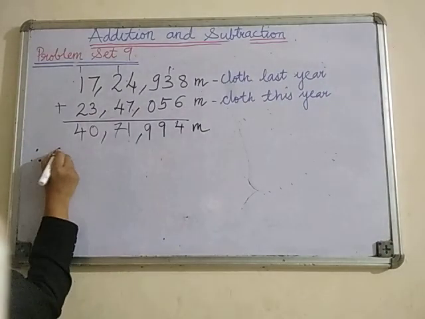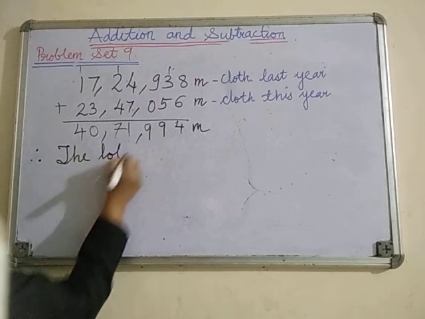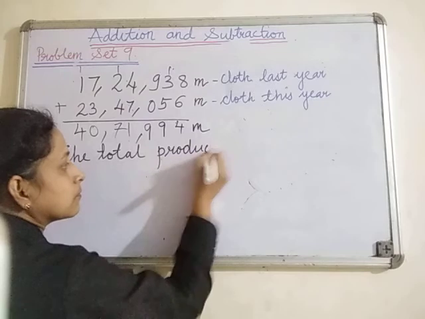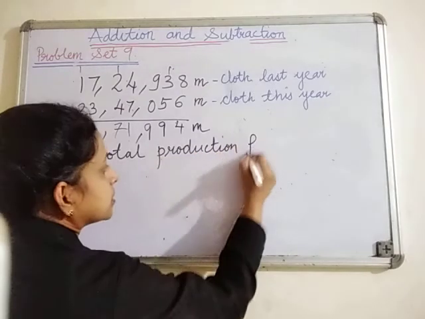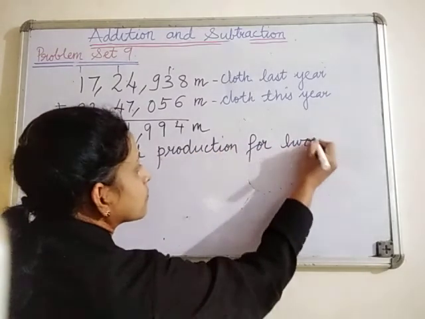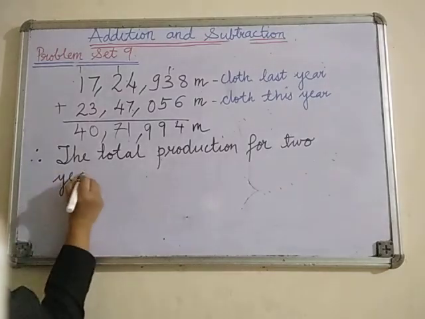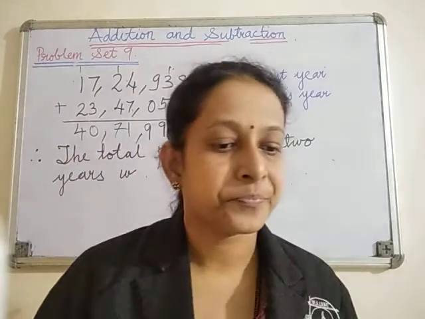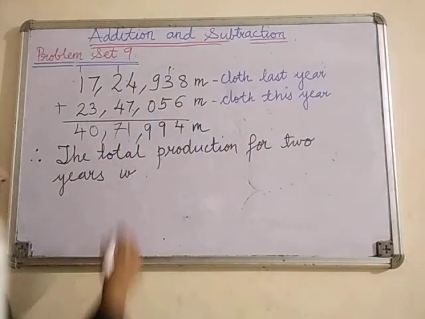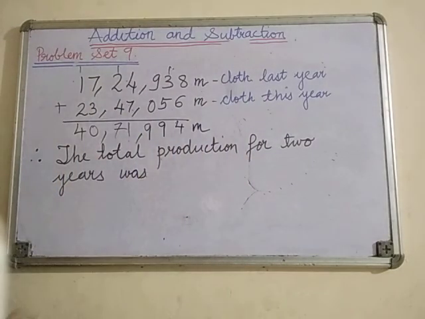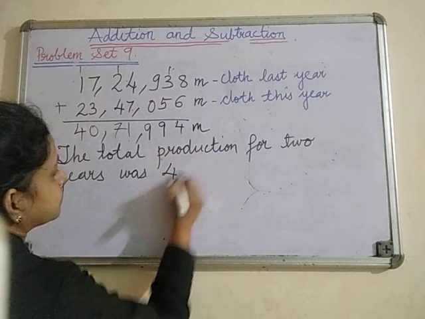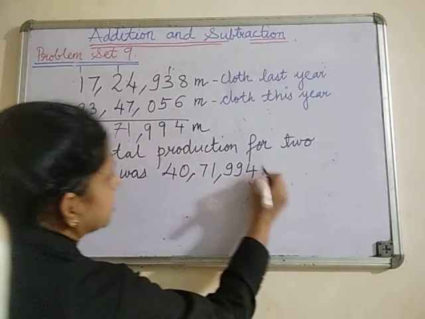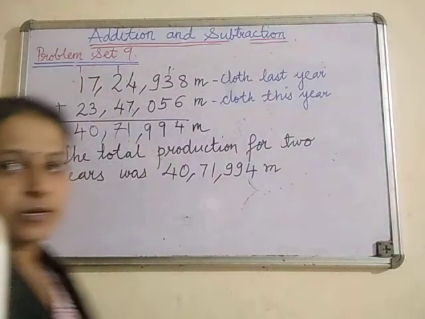Therefore, the total production for 2 years was, yes, it is asked in past, so you will write in past tense only, was 40,71,994 along with the unit, that is meters, the unit of length.